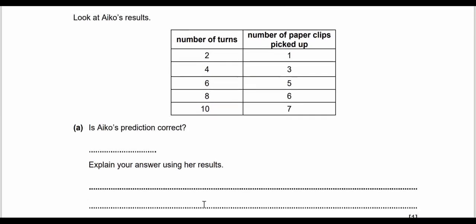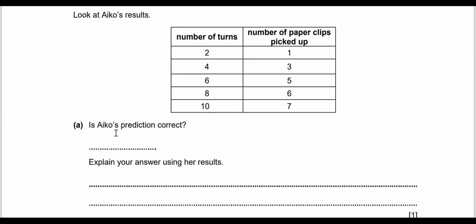Number of turns 2, 4, 6, 8, 10. Number of paper clips picked up 1, 3, 5, 6, 7. Is Aiko's prediction correct? Explain your answer using her result. 10 seconds from now.